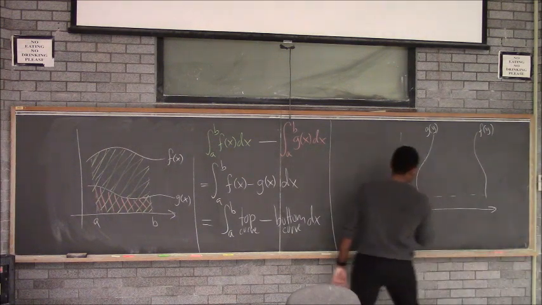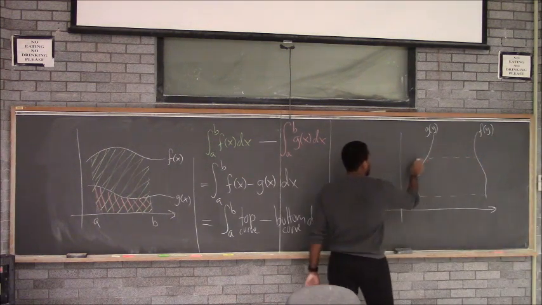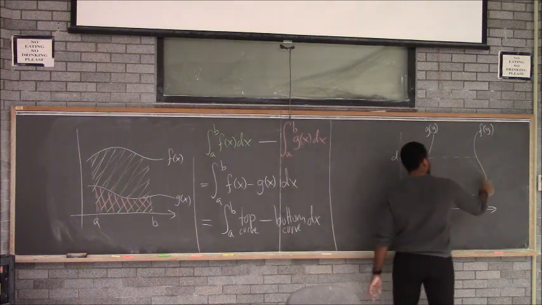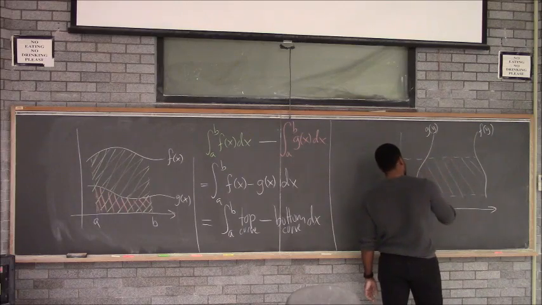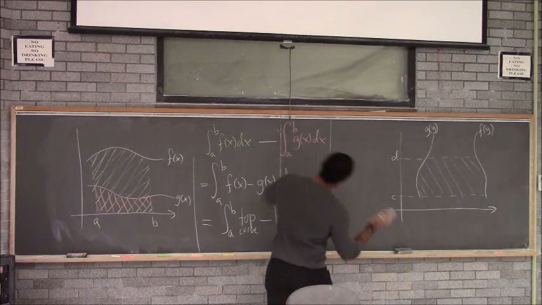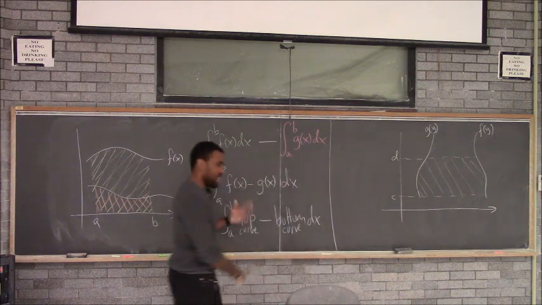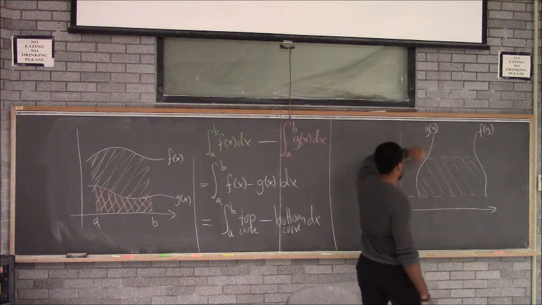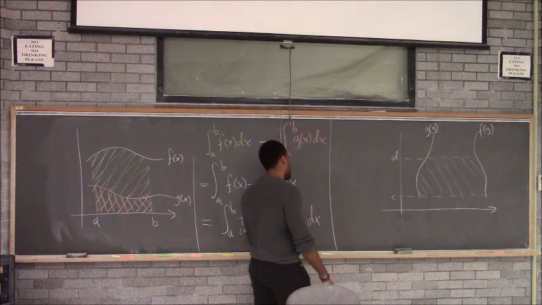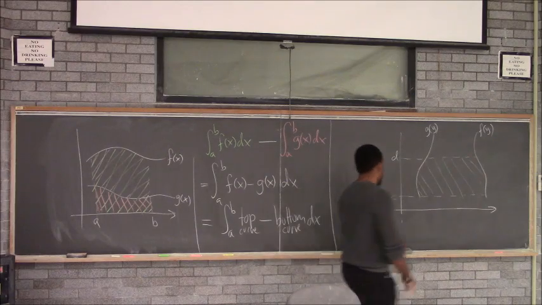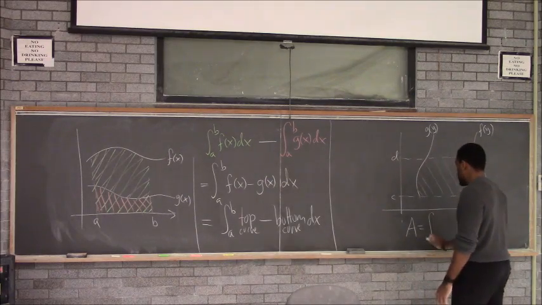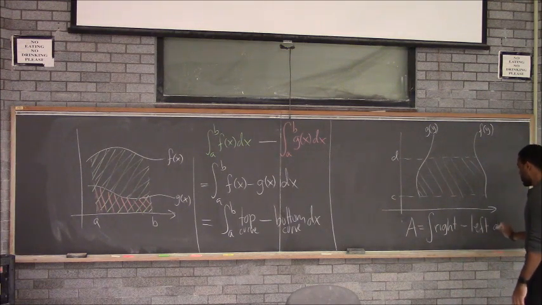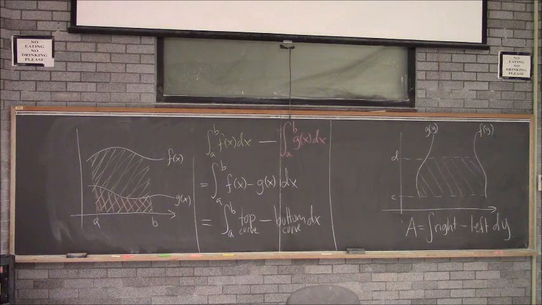And you might want to measure the area between these curves, some distance on the y-axis, like between C and D. You might want to find this area here. So it's kind of like you tilt your head to the side. And for the dy situation, where you're looking at things as functions of y and your limits are coming from the y-axis, then your area is going to be right minus left, if you're thinking of things in terms of y's.